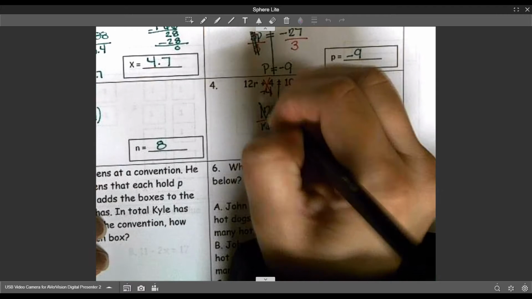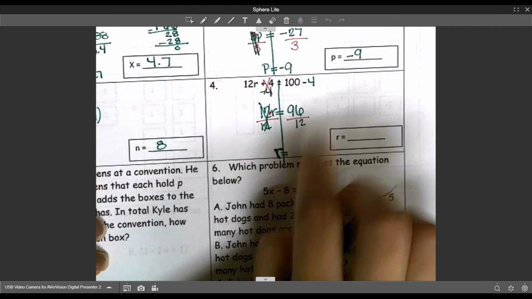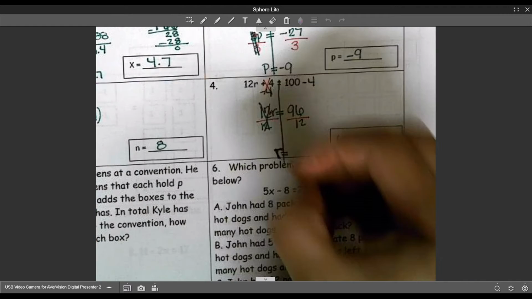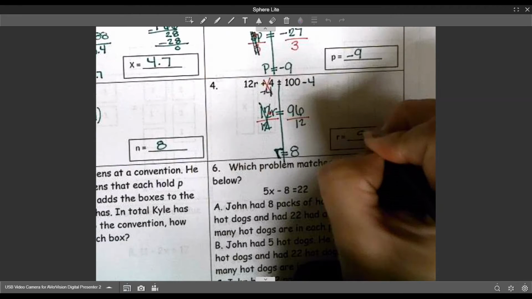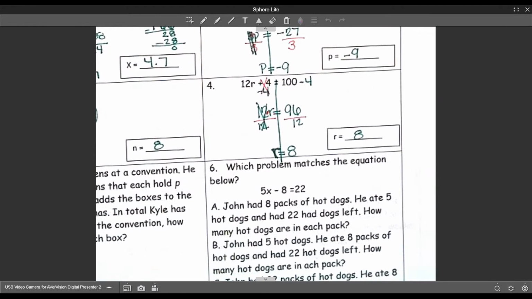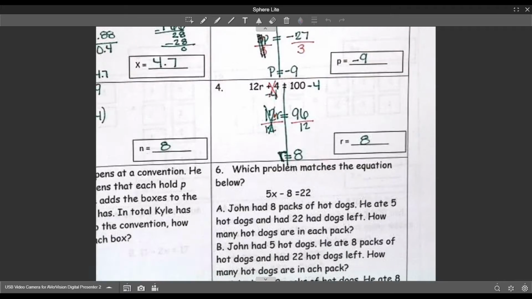So this cancels out. I'm left with r, and 96 divided by 12 gives me 8. Okay? So 1 through 4 were just basic questions about how to solve a two-step equation with one variable, which means with one letter. Okay, number 5.